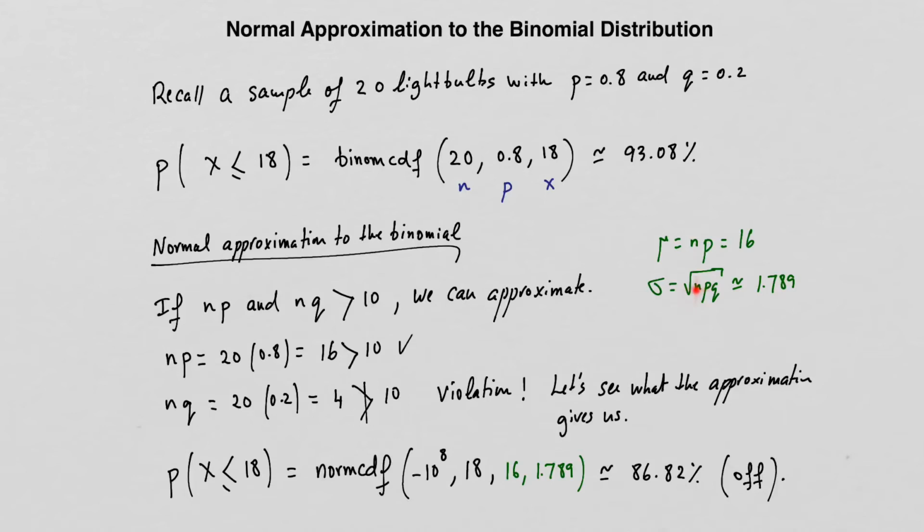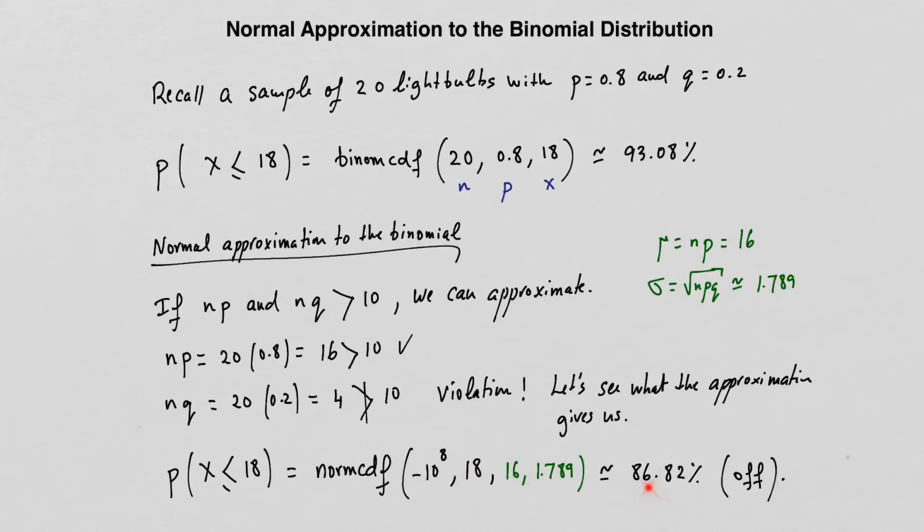So if I multiply 20 by 0.8 by 0.2, and when you finish, you take the square root, I got about 1.789. Now that I know mu and sigma, I'm going to plug them in. See? Mu, sigma, interval.